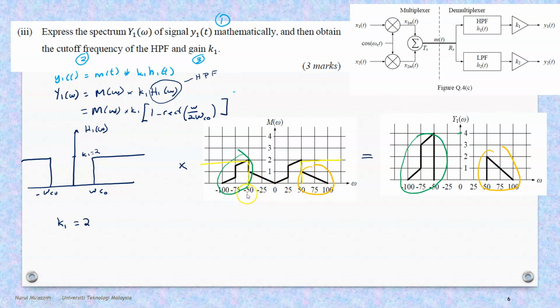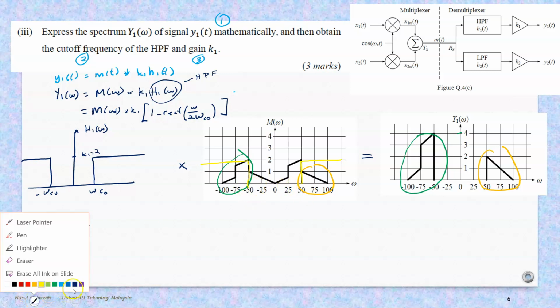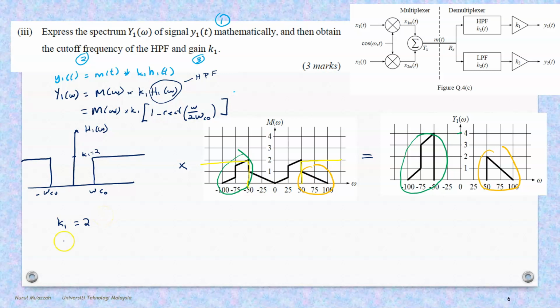So we can see that the omega involved here is 50. So from here we can also conclude that omega C naught is equal to 50 radian per second, because the high pass filter has filtered the spectrum between or within omega equal to negative 50 and 50.